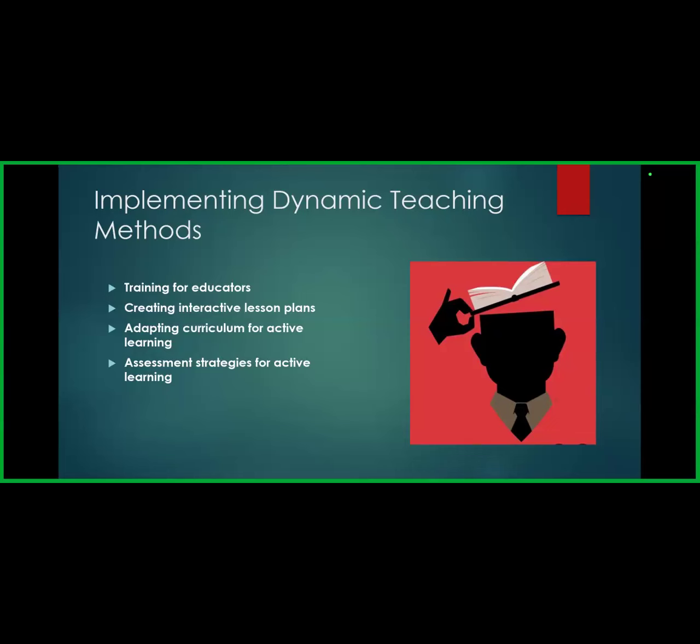Then assessment strategies for active learning: whatever we are teaching, we have to give them different kinds of assessment where they can create interest and understand the topic clearly, and we can even take exams so that we can understand that they have understood the topic in a better way.